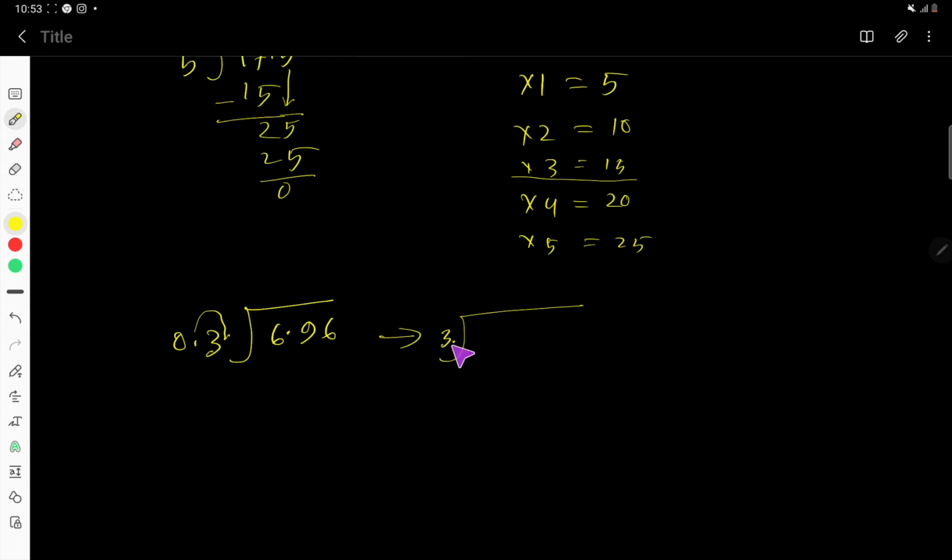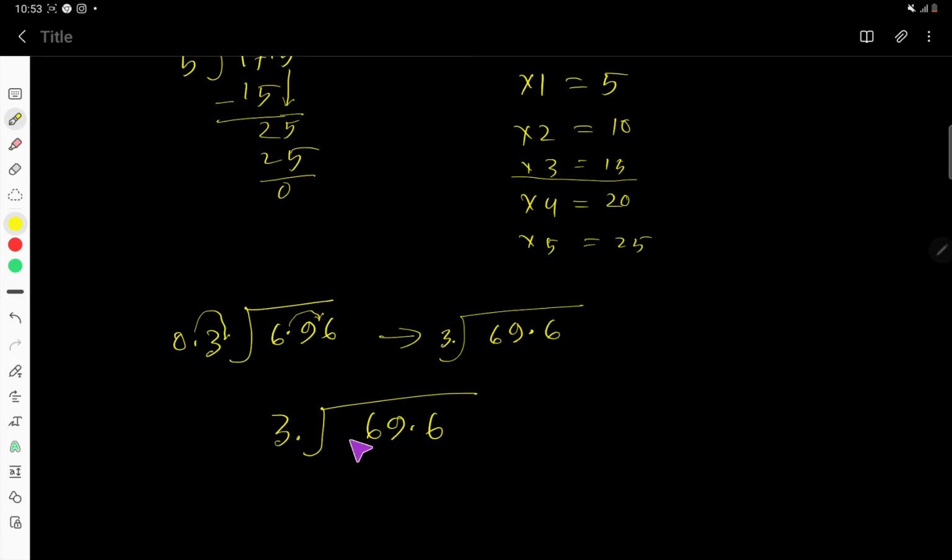The same thing will happen to the dividend. So you have to move the decimal point 1 digit to the right, right? So look, now you are getting this, 69.6, right?